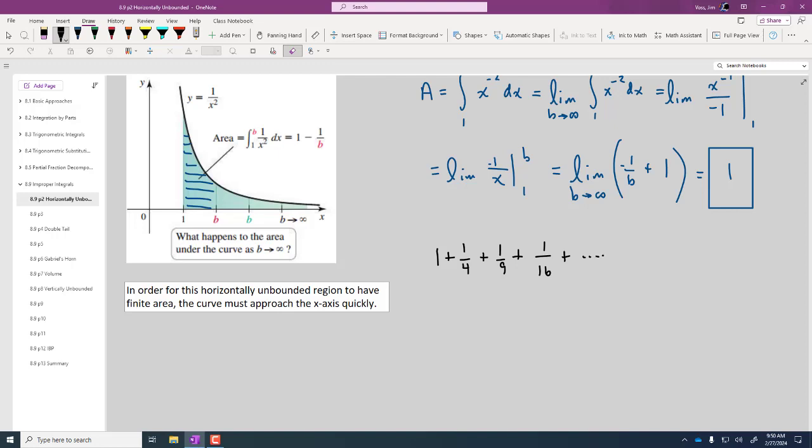And that represents the areas of these rectangles if we were to look at 1, 2, 3, 4, 5, 6, right? The widths would all be 1. The heights would be 1 over x squared, so 1 over 1 squared, 1 over 2 squared, etc. So this infinite series is connected to that.